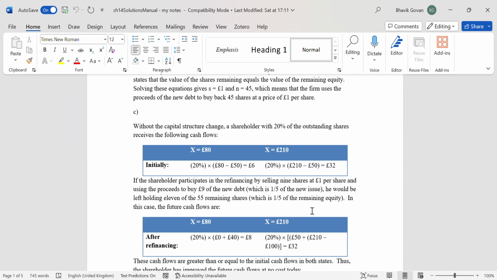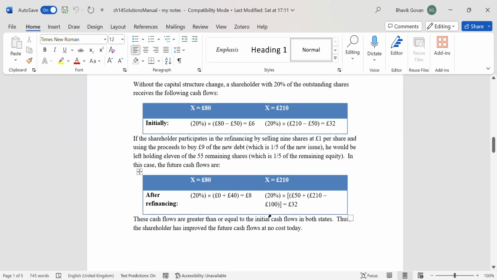He would be left with 11 of the 55 remaining shares, which is also 1/5 of the equity. So in this case, the future cash flows after the refinancing, in the bad state, they'll get £8, and in the good state, they'll get £32.